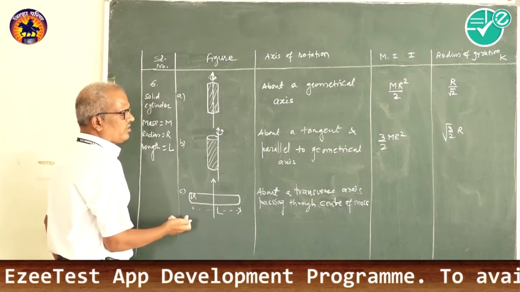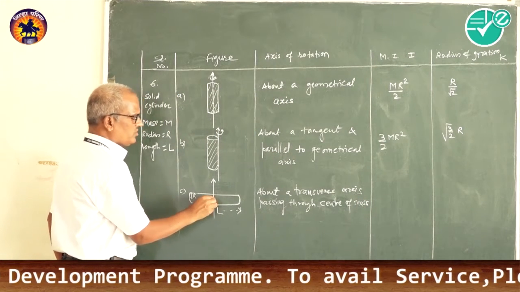Transverse axis means perpendicular to its length, passing through center of mass.